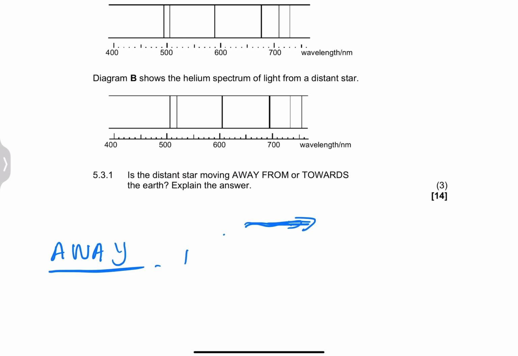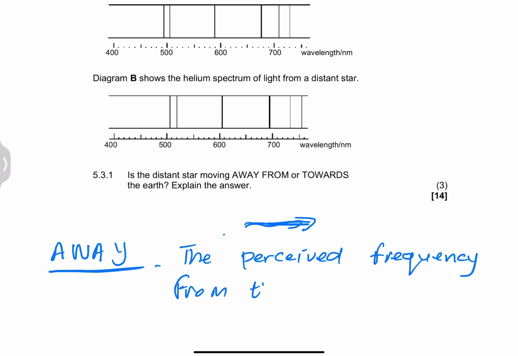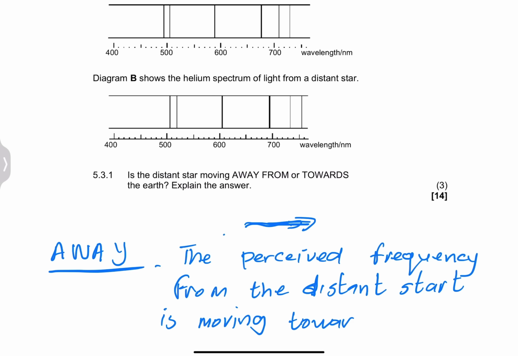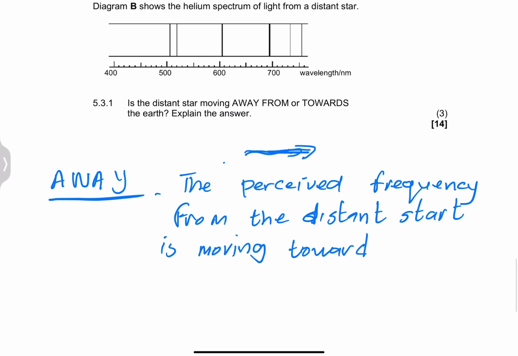So the perceived frequency from the distant star is moving towards the higher wavelength.